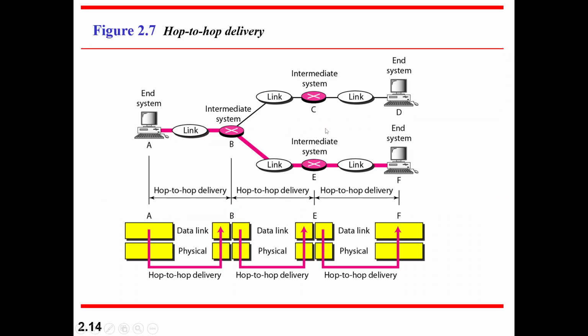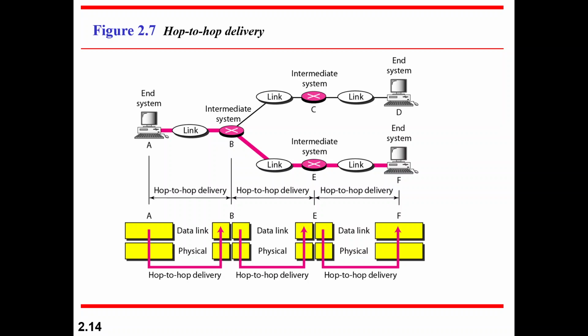As you can see, this diagram shows hop to hop delivery, that means node to node, machine to machine delivery of the data packets. As the diagram shows, communication at the data link layer occurs between two adjacent nodes. To send the data from A to F, three partial deliveries are made.